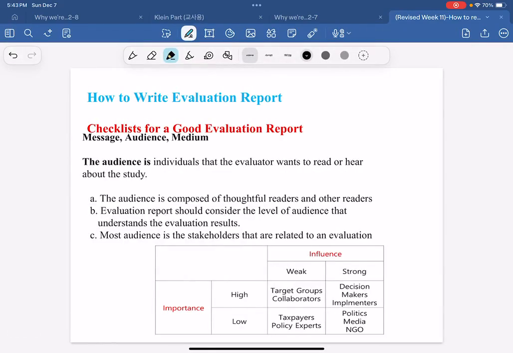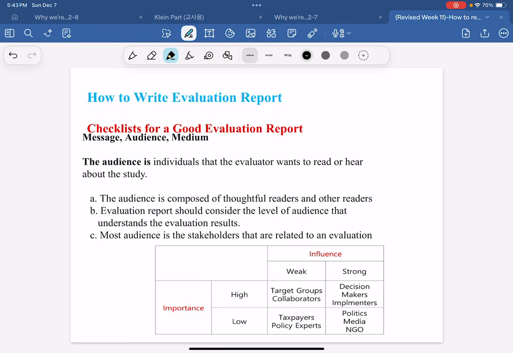And then the audience is the individuals that evaluators want to read or hear about the studies, and evaluators need to consider how much the audience is satisfied with the evaluation report, how much the audiences understand the evaluation report, right?